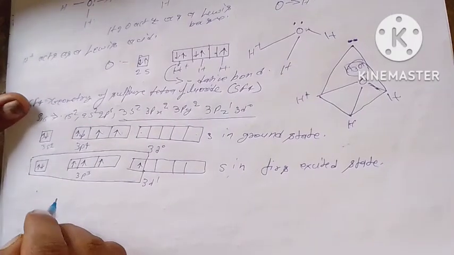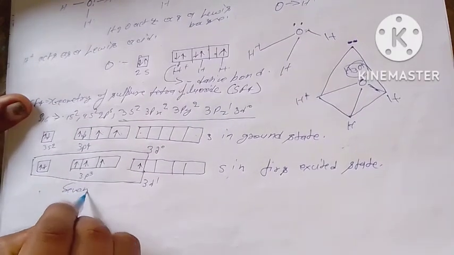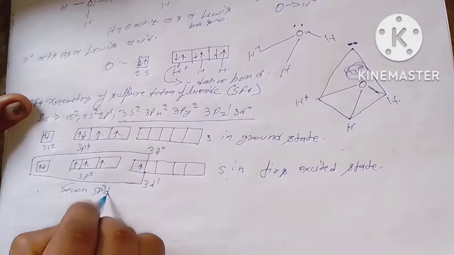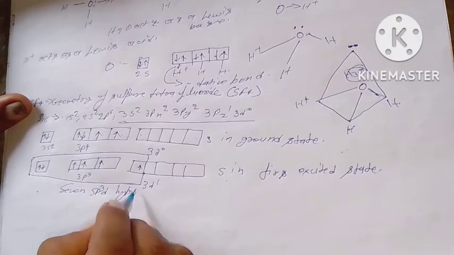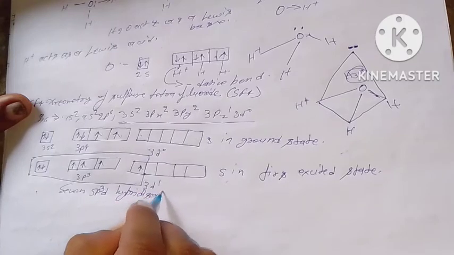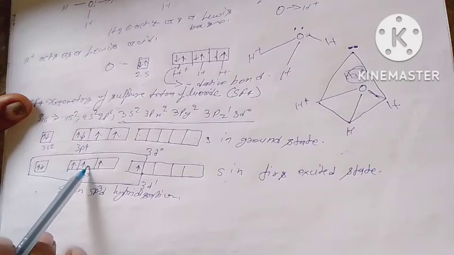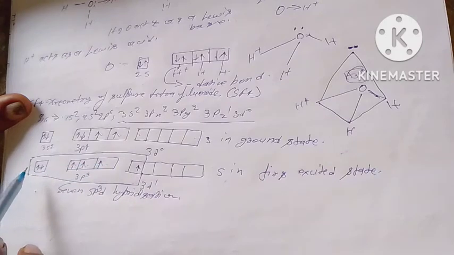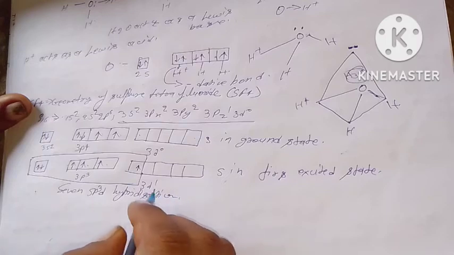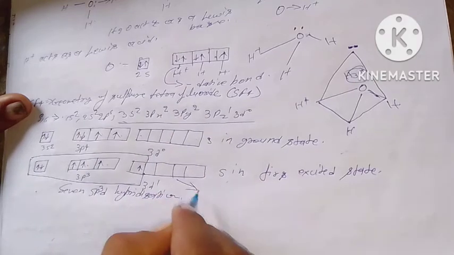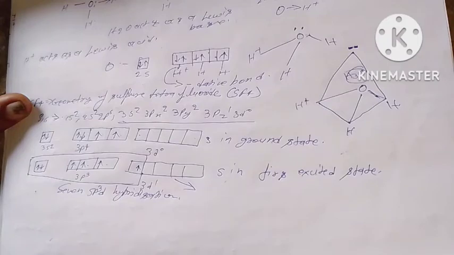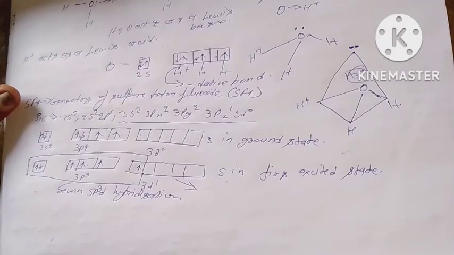This is sp3d hybridization, because 1 s, 3 p and 1 d orbitals mix. Okay, sp3d hybridization.